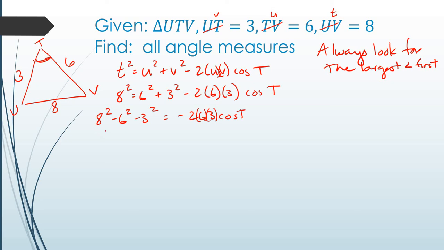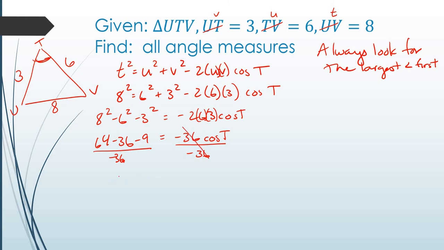8 squared minus 6 squared minus 3 squared is 64 minus 36 minus 9. Over here, 2 times 6 times 3 is negative 36. And now I have to divide by negative 36 to get cos T isolated.